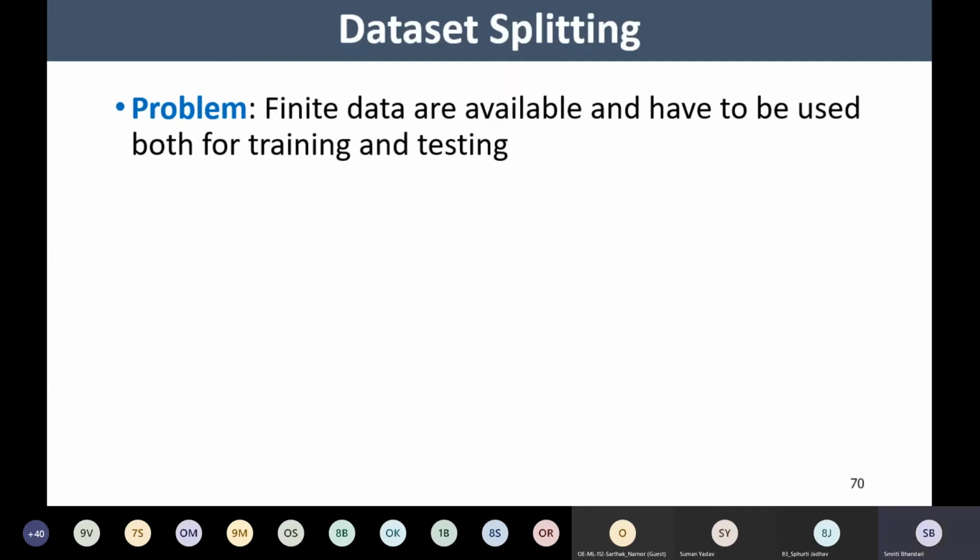Say suppose I am provided with 1000 samples of some kind. Suppose I have a classification problem, and I want to diagnose whether there is a disease or not.